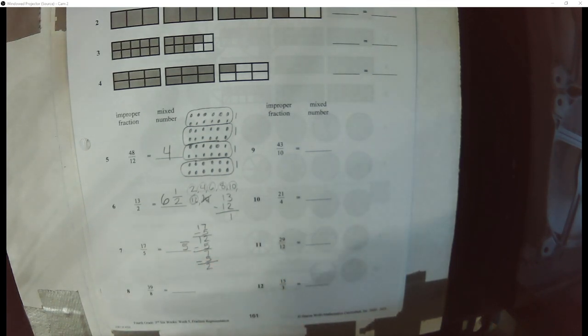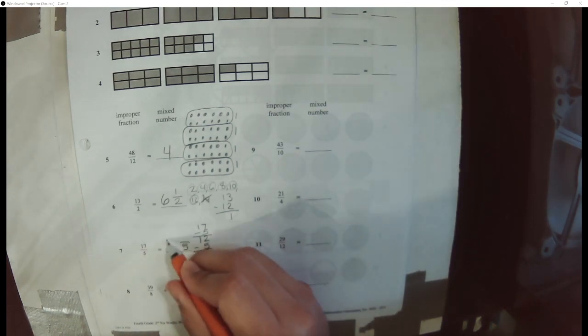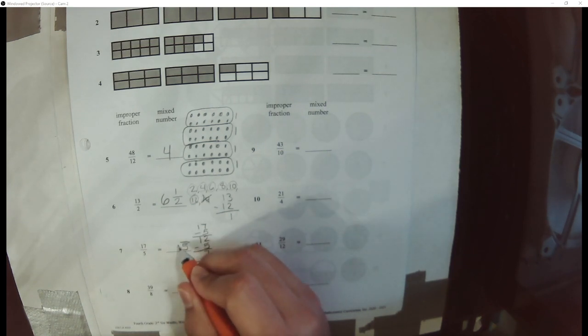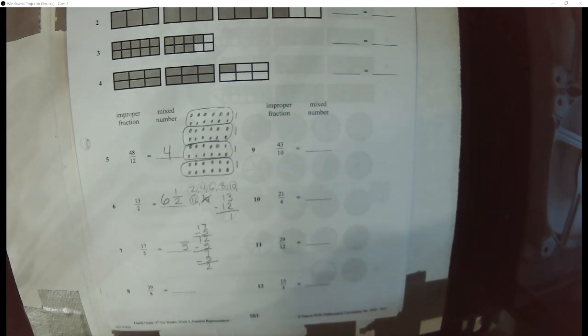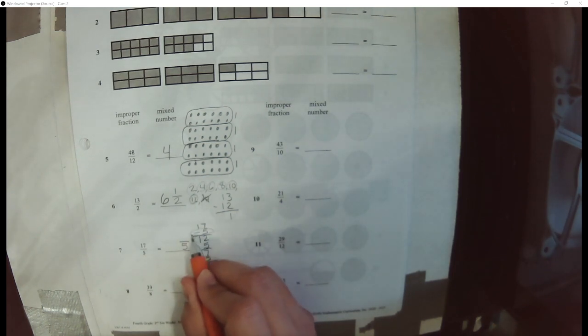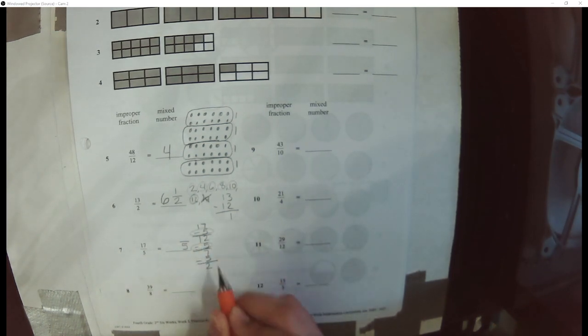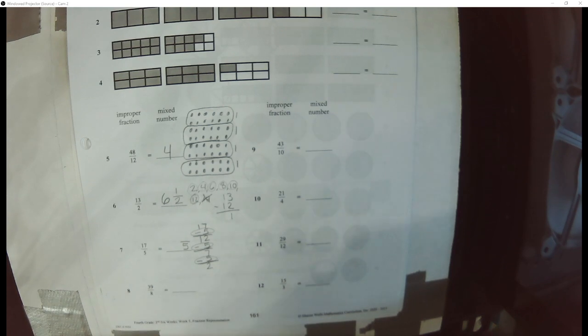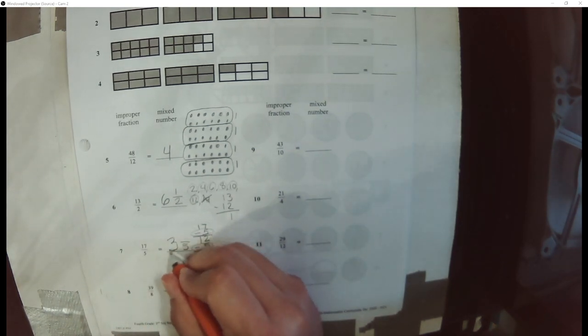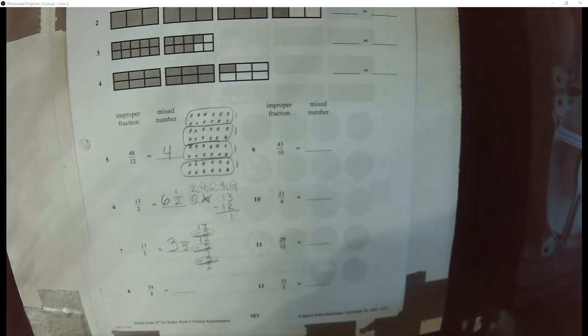Second thing I'm going to do, I'm going to figure out what the whole number is. The whole number is however many times you had to subtract your denominator. So I subtracted 5 1 time, 2 times, 3 times. So my whole number is 3.